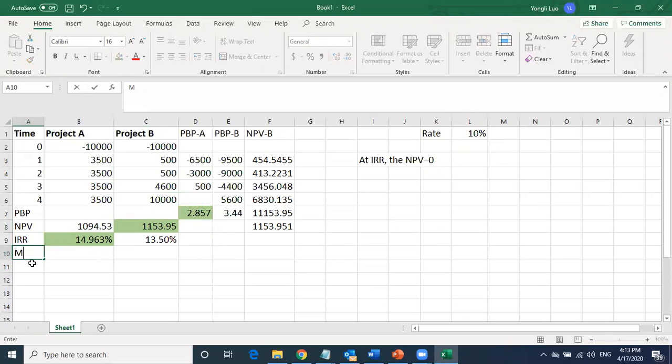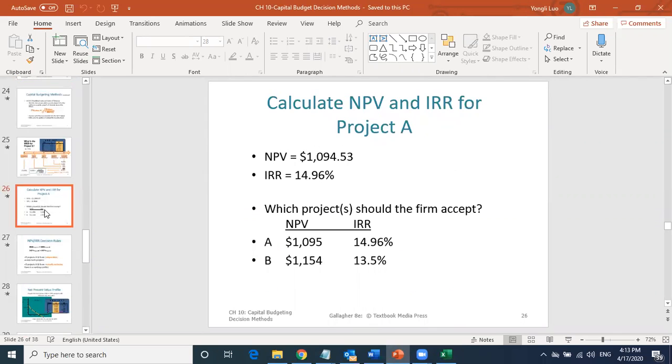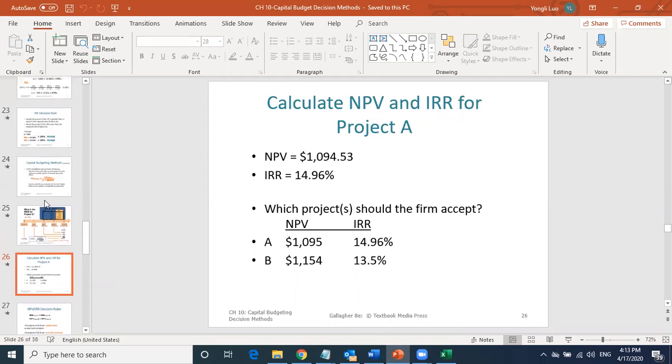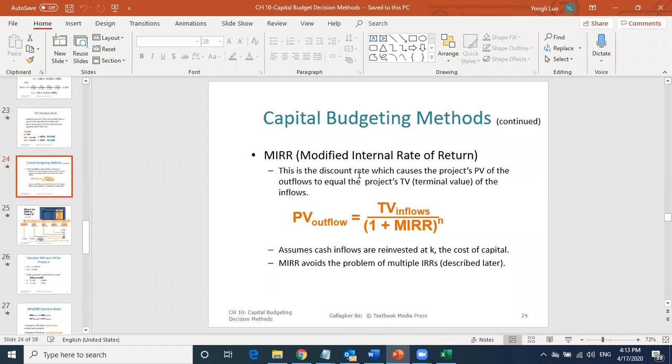What is the modified internal rate of return? The modified internal rate of return is MIRR. It is the discount rate that causes the project's present value of the outflow to equal the project's terminal value of the inflow.